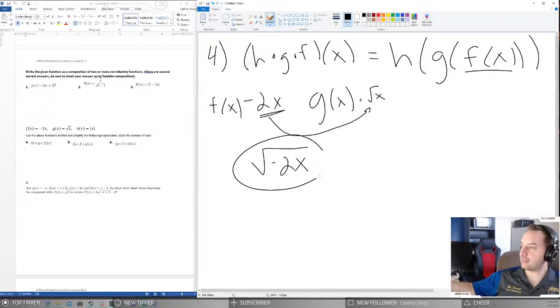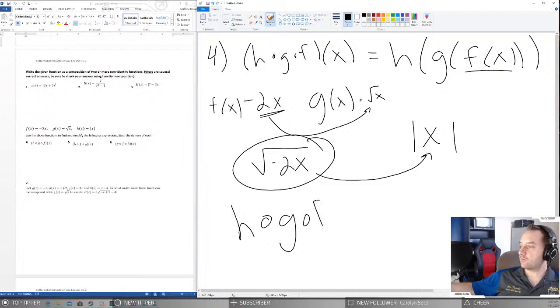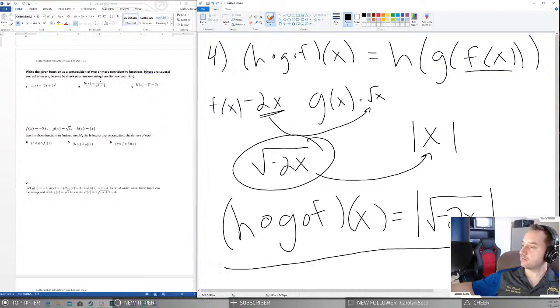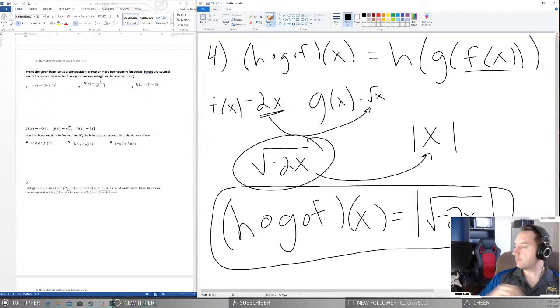Then I need to take this and plug that into my h. And if my h function is the absolute value of x, I'm plugging that into h. That means that h of g of f of x equals the absolute value of the square root of negative 2x. Comments or questions on that?